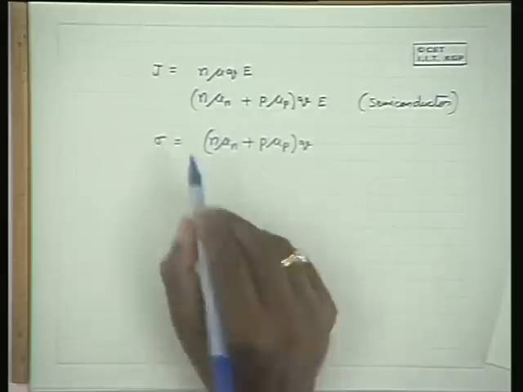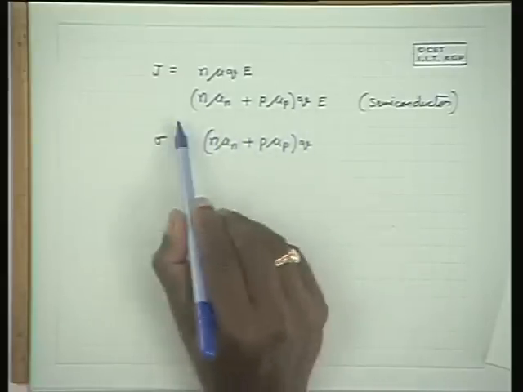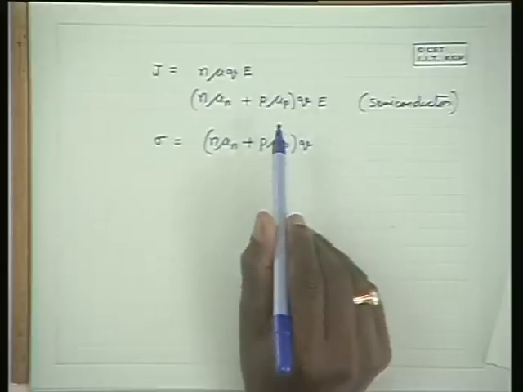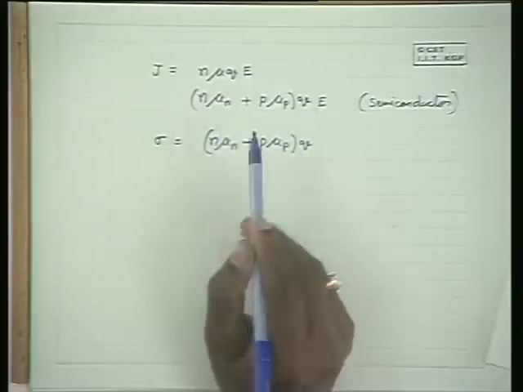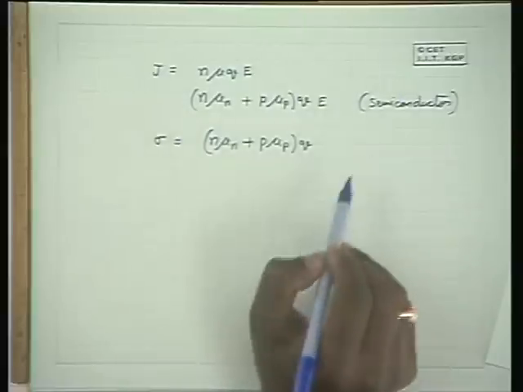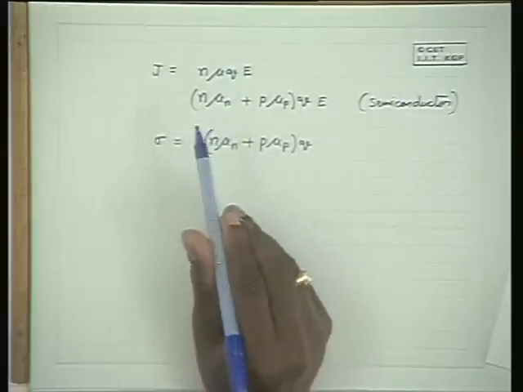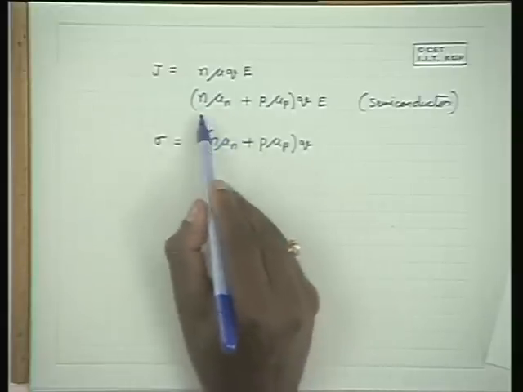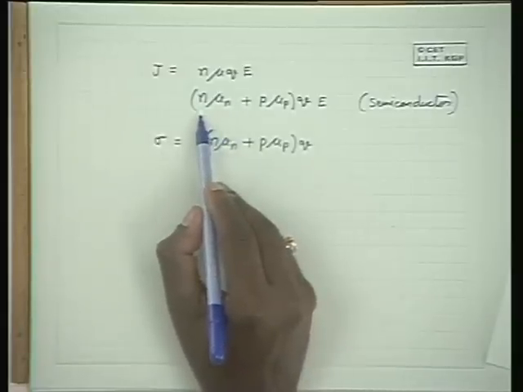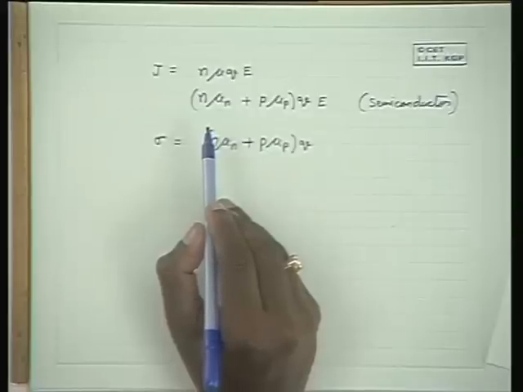Now, there is an underlying theory here. When we considered the current, we took into consideration the current due to holes and the current due to electrons, both.